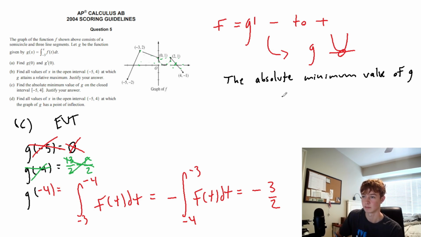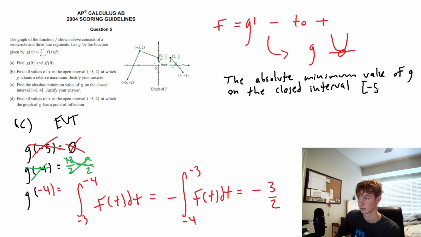So the absolute minimum value of g on the closed interval, right? We're going to continue repeating their words. On the closed interval, make sure we use these kind of brackets because it's a closed interval, -5 to 4. Oops, I forgot to use the brackets. A closed interval -5 to 4 is -3 over 2, right? We're using this number right here.